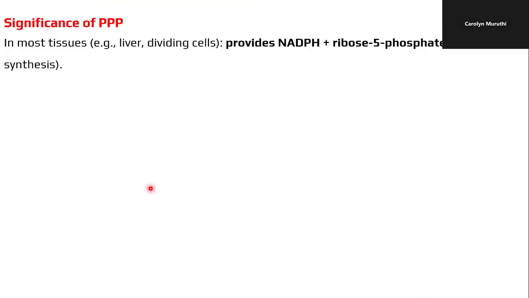So one may ask, why is the pentose phosphate pathway important? We see that for tissues such as the liver or rapidly dividing cells, the pentose phosphate pathway is important for both NADPH and ribose 5-phosphate production.